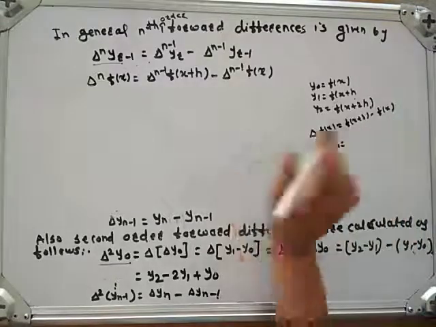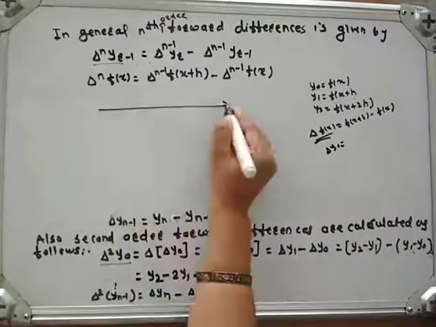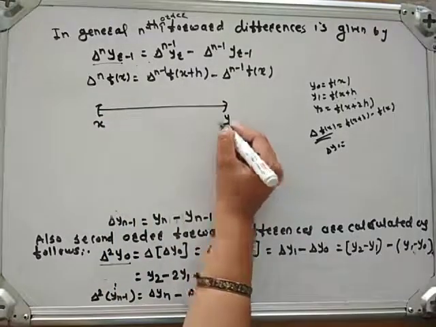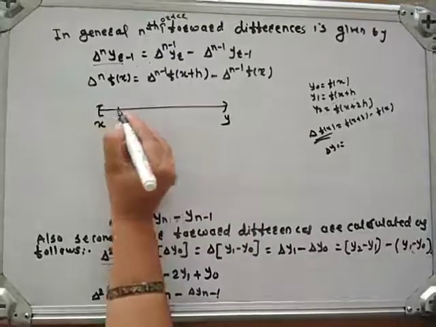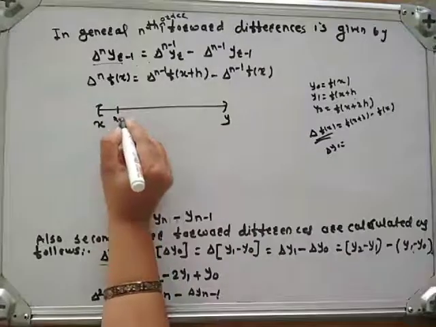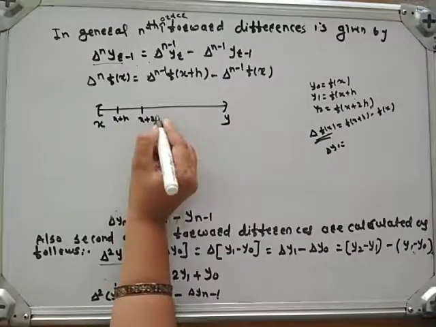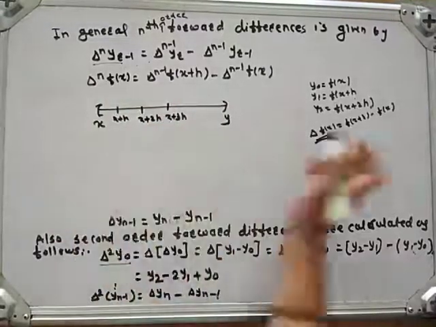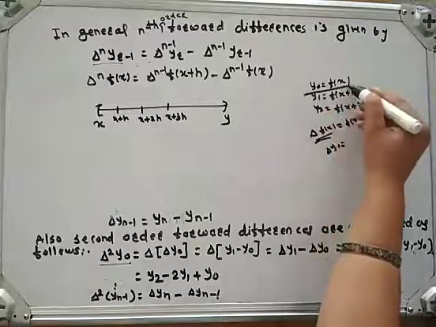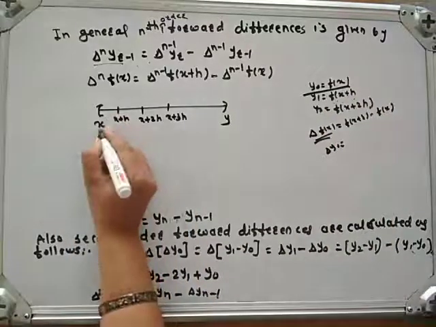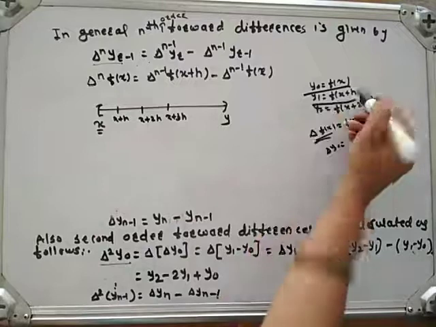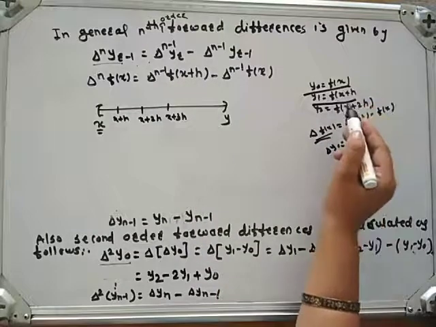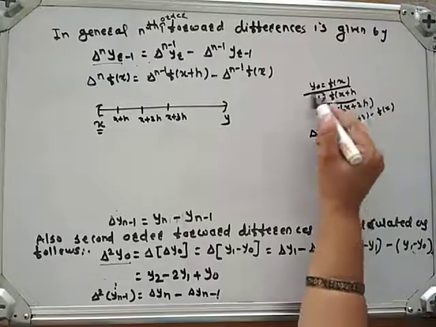Suppose this is your interval, x, y. This is a point x plus h, this is a point x plus 2h, this is a point x plus 3h and so on. If you consider y0 is equal to f of x, then the value of the function at point x plus h is y1.